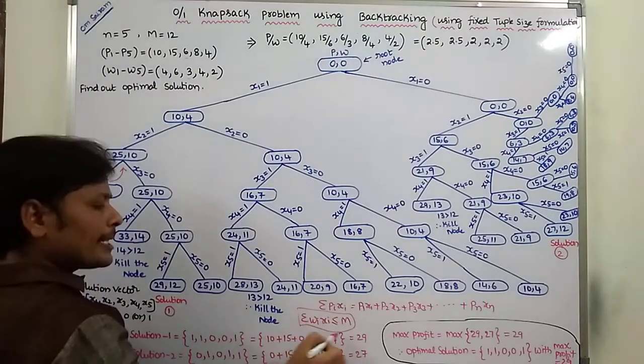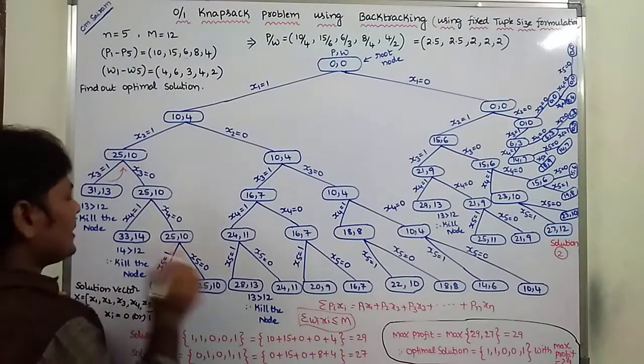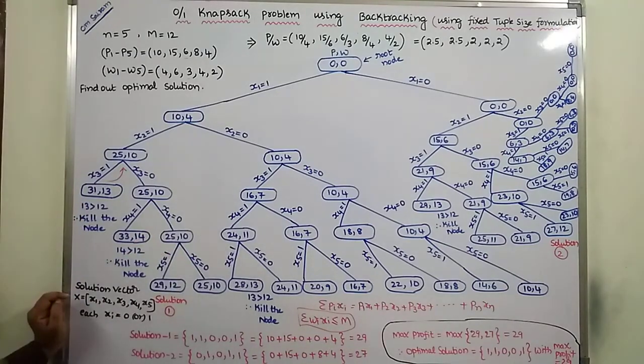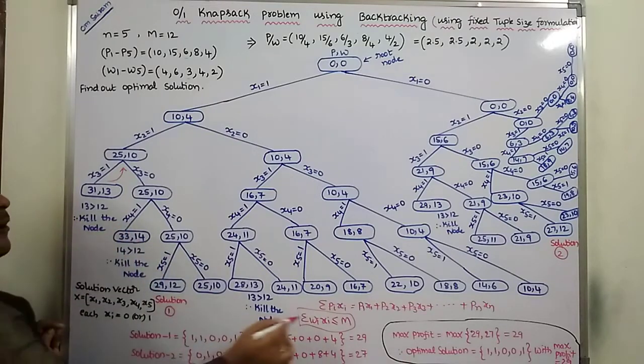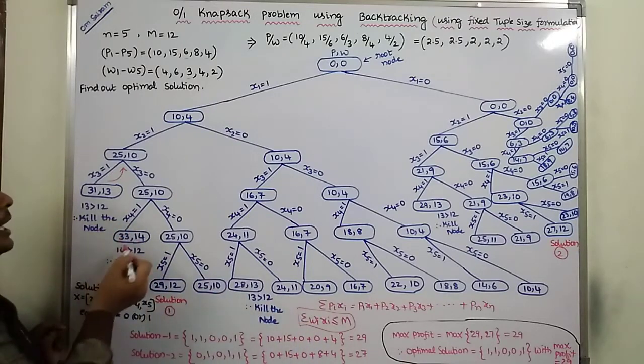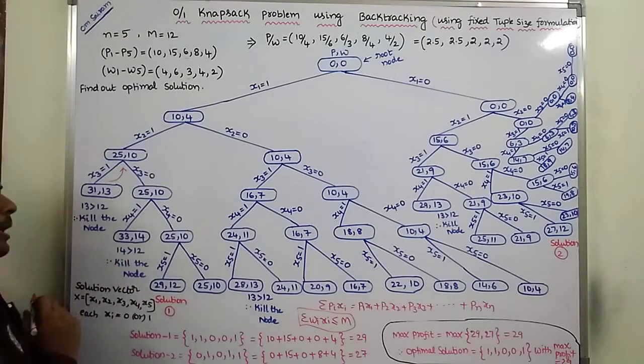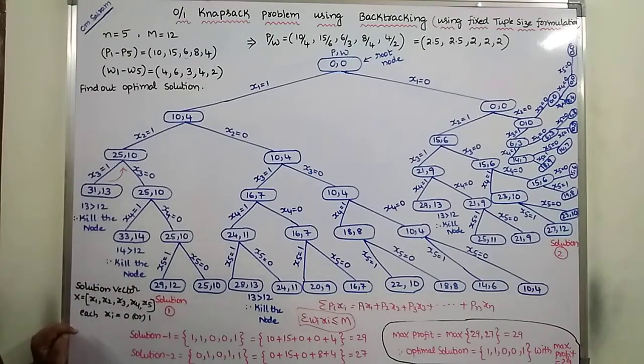It violates this property. So here this weight is 14. Is 14 less than or equal to 12? Condition false. It violates the property, so we have to kill the node because 14 is greater than 12. By using bounding functions, we have to kill that node.